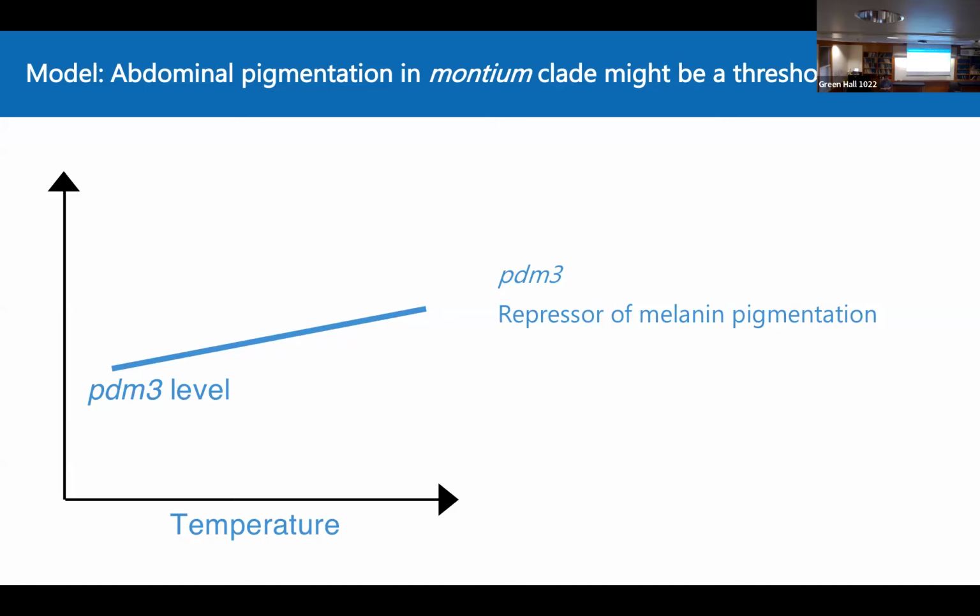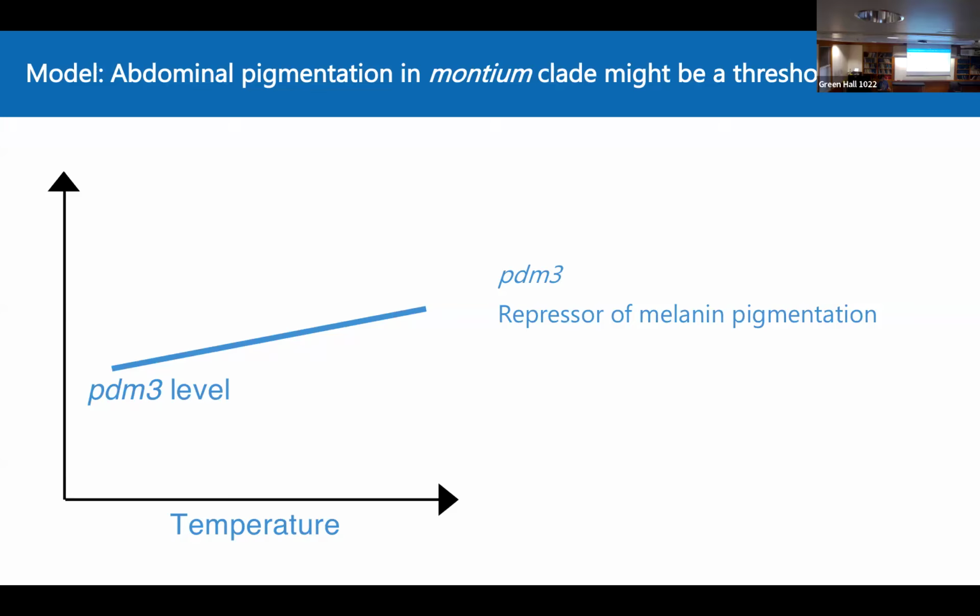So to explain that hypothesis, I currently have a model. Abdominal pigmentation in the Montium clade might be a threshold trait. What I predict is that the PDM3 expression level can increase depending on the temperature.